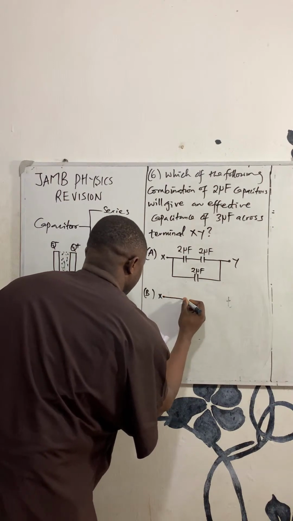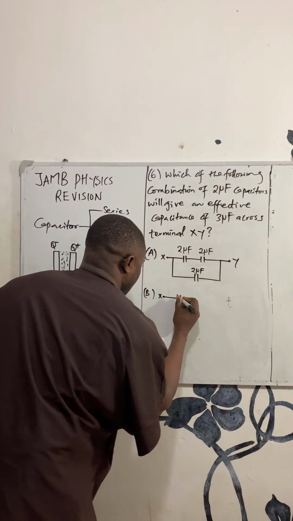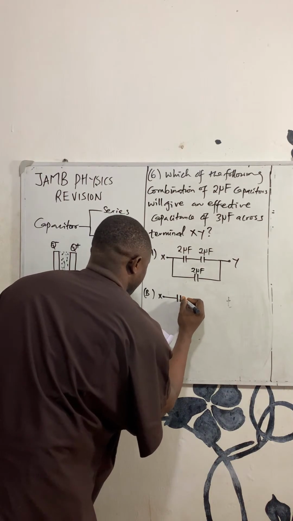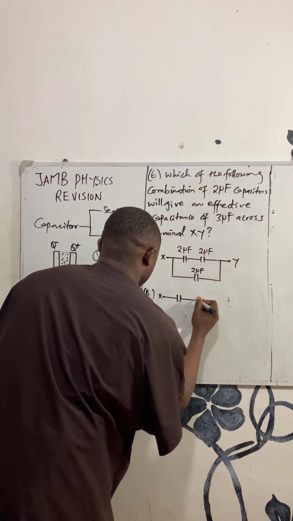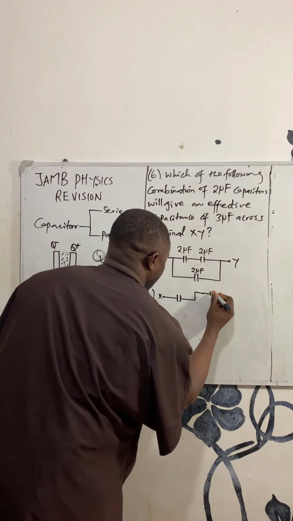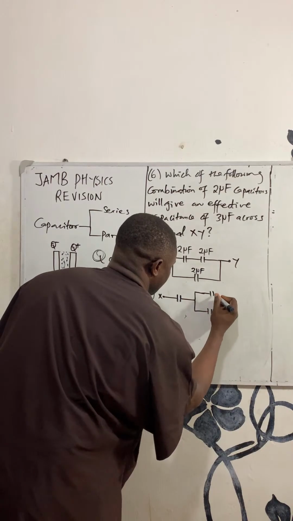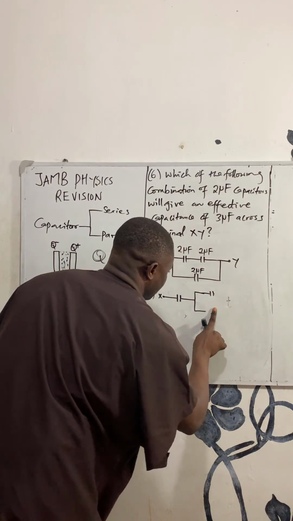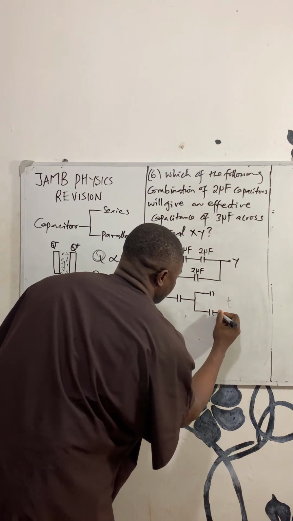Then B, we have point X moving to this, and this gives this, which further comes here to give this.